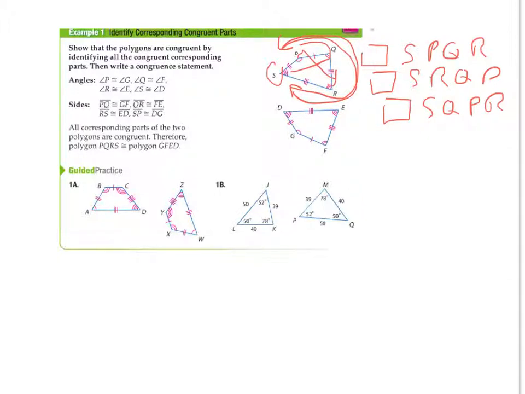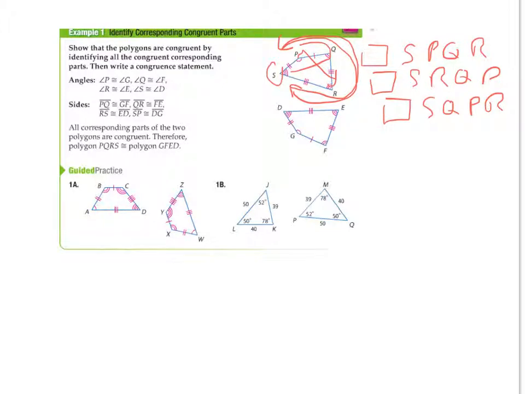Okay, looking down right here, a little guided practice. What corresponds to angle A? Well, it would be W. What corresponds to angle B? It would be X. What corresponds to C? It is angle Y. What corresponds to D?